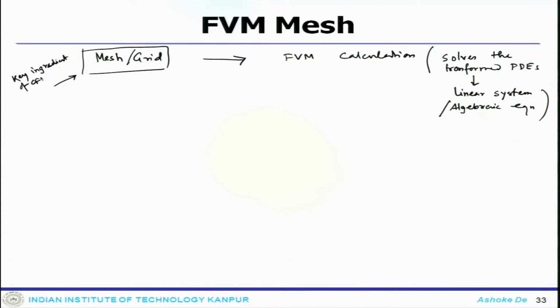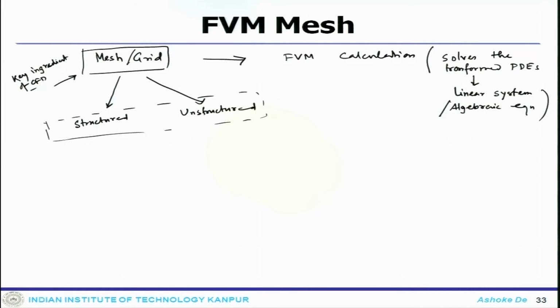of CFD, the mesh. The mesh could be of two types, it could be structured or it could be unstructured. Okay. Then another category which is possible, both structured and unstructured can also be multi-block.